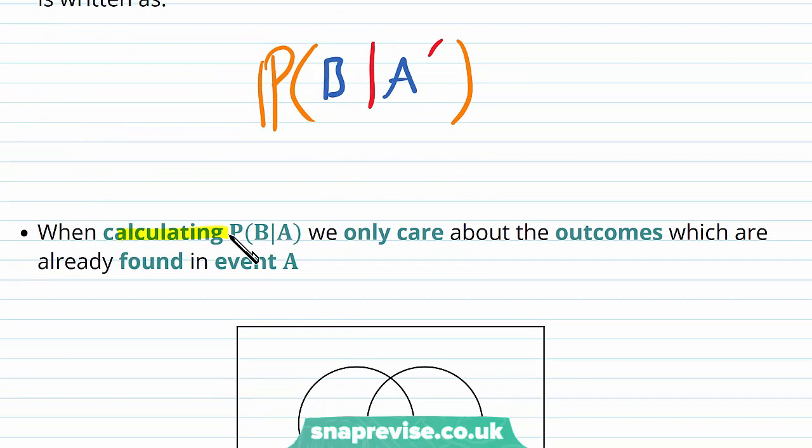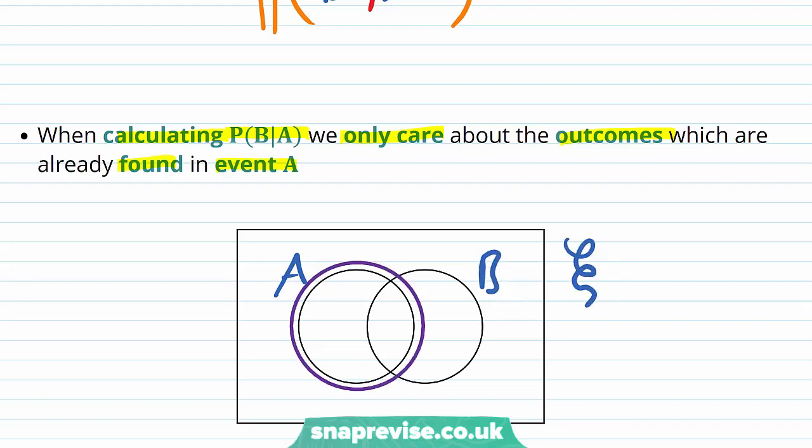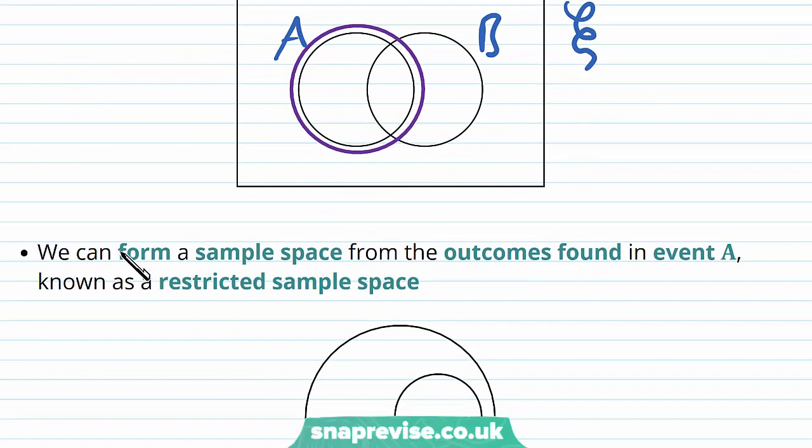When calculating the probability of B given A, we only care about the outcomes which are already found in event A. If we have our Venn diagram with events A, B, and our sample space C, now we only care about the events in A because event A has already happened when we're calculating the probability of B given A. We can form a sample space from the outcomes found in event A, known as a restricted sample space.